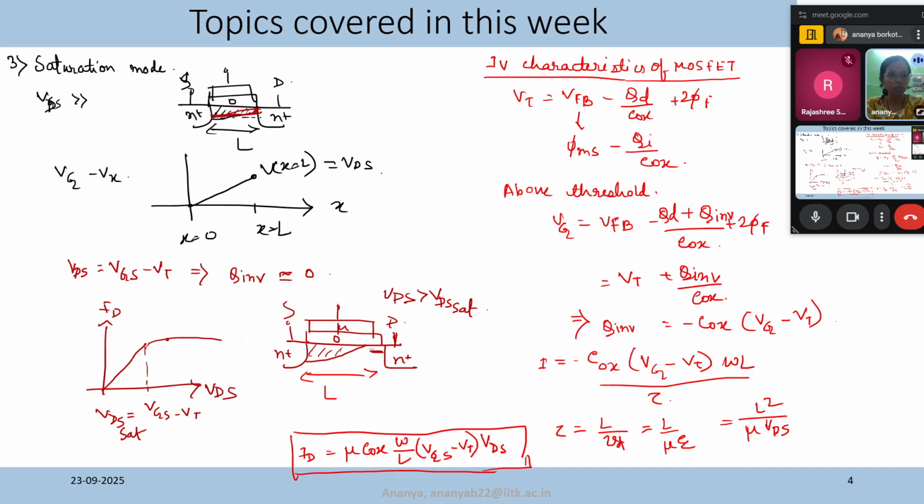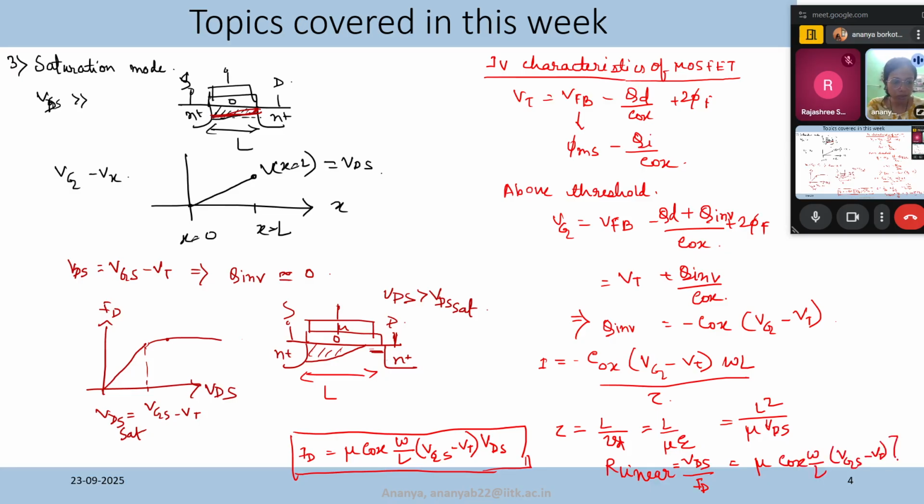Now how do we determine the resistance that is associated with the MOSFET in the linear region? That is VDS by ID. We already know this ID expression, so the linear resistance will be 1 over mu n Cox W by L, VGS minus VT.